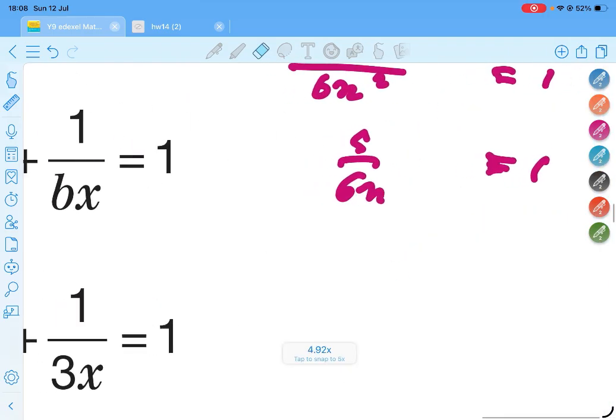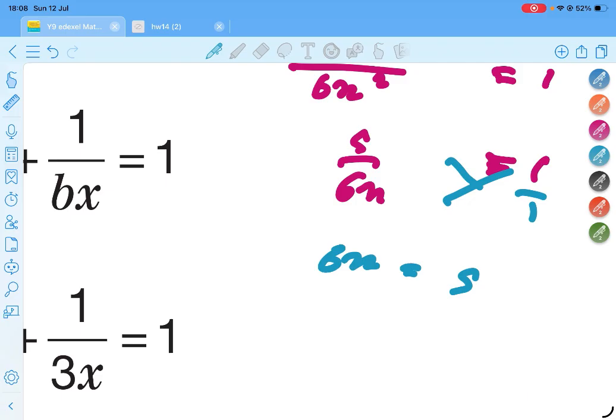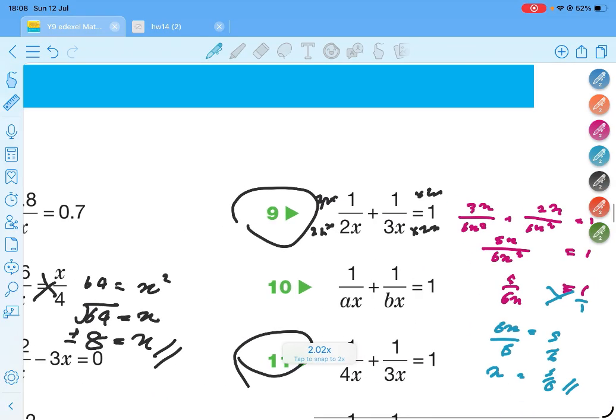This is just the simplification part. Now we know 1. You can simplify here, you can get 6x equal 5. Sorry, 6x equal 5, so x equals 5 over 6. This may be the answer.